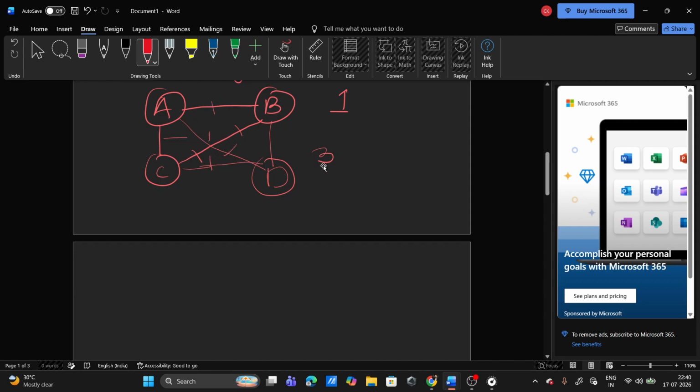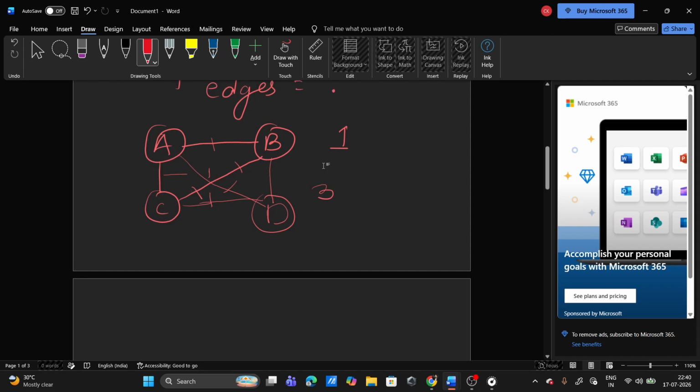So we have six. Are you able to notice a pattern? As the number of vertices increases, edges are also increasing, right?